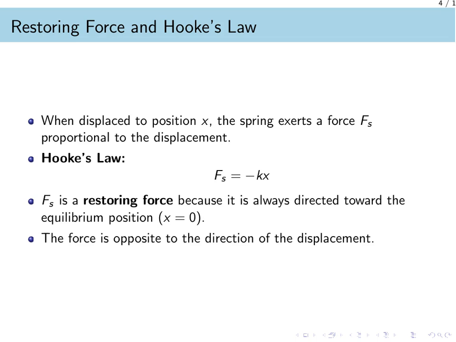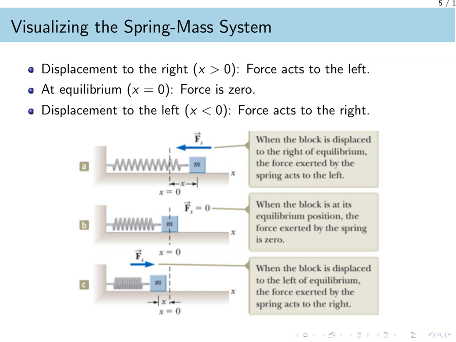Essentially, the force acts in the opposite direction of the displacement, always trying to pull or push the mass back to the center. We can visualize this spring mass system through three different states. First, when the displacement is to the right, making the position positive, the spring force acts to the left.